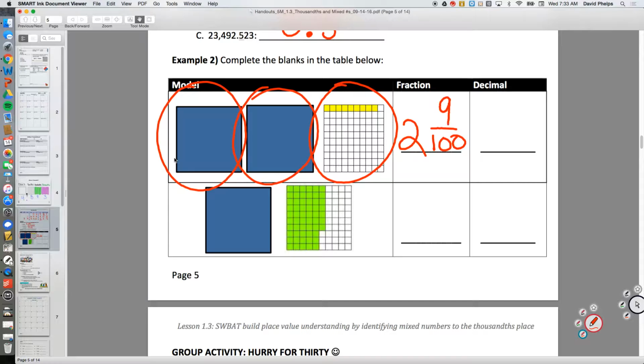If you found 9 shaded in pieces, you're on the right track. So our fraction is 2 and 9/100ths. And our decimal looks like this. 2 point, and then 0 in the tenths place, and 9 in the hundredths place. We would pronounce this number 2 and 9 hundredths. Try the next example on your own.